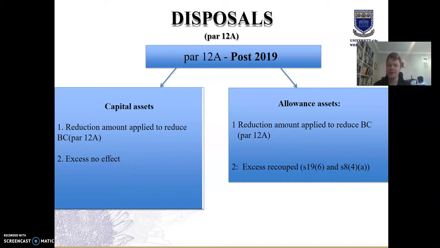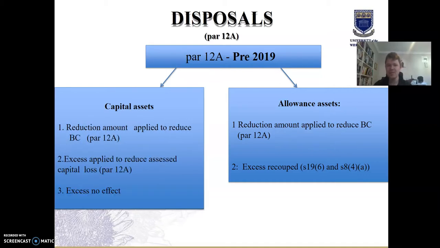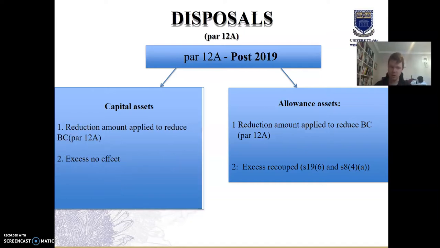This is how we do it now. The only difference in previous years is the presence of this point number 2. So if ever you're doing old questions and you see this, where they're using a reduction amount to reduce a capital loss, an assessed capital loss from a previous year or current year, know that that's the old way of doing it. The new way doesn't have this. Okay.